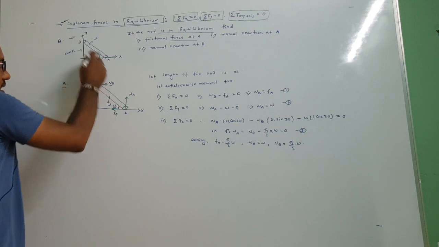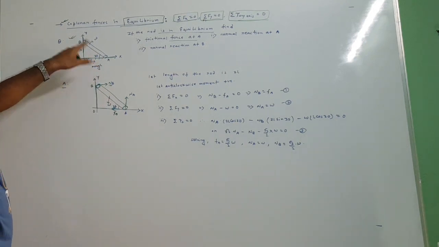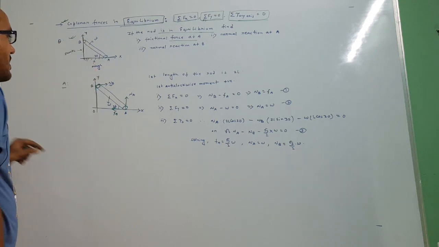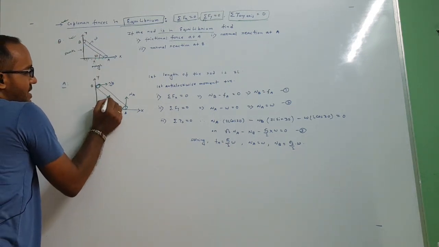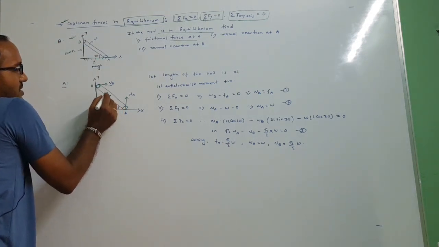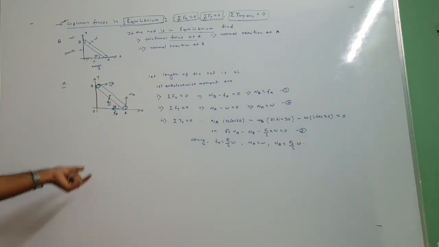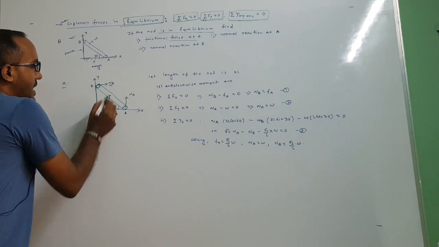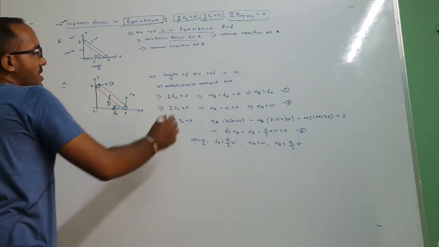And it is given in the question that the rod is uniform. If the rod is uniform, then our weight acts from the middle point, that is through the center of gravity.